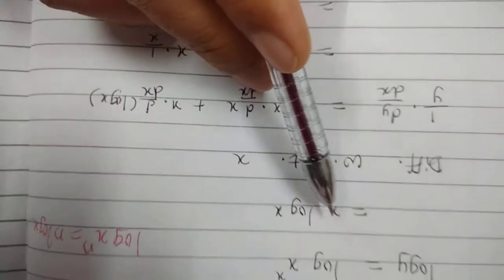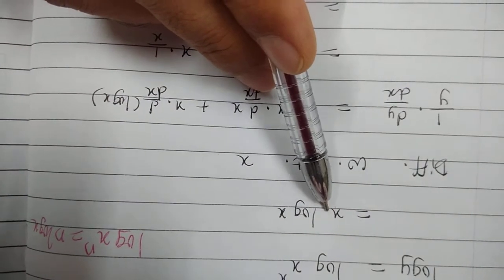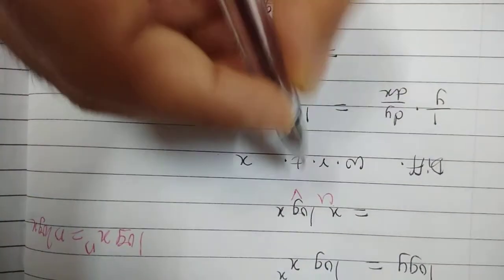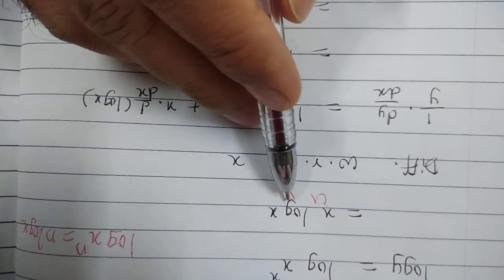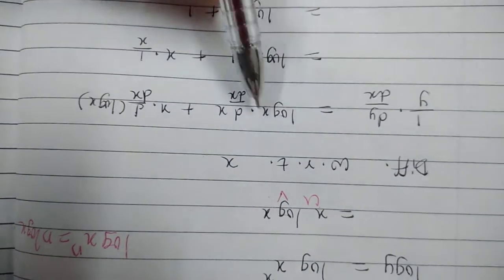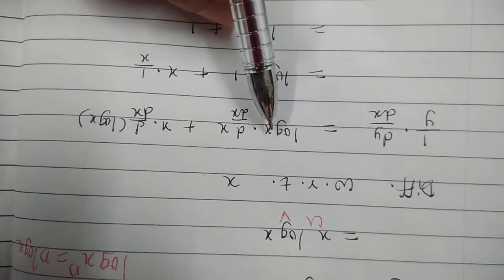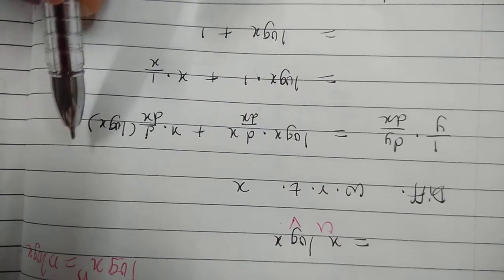And the right hand side term is x into log x. So here we see multiplication, therefore we have to use the u into v formula of derivative to differentiate this. Using the uv formula, that is v multiplied by the derivative of u plus u multiplied by the derivative of v.